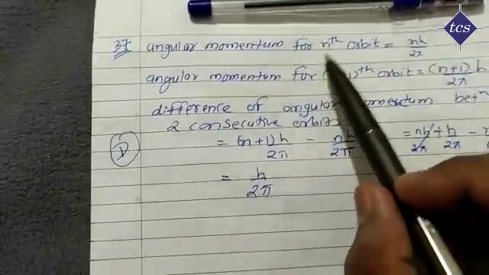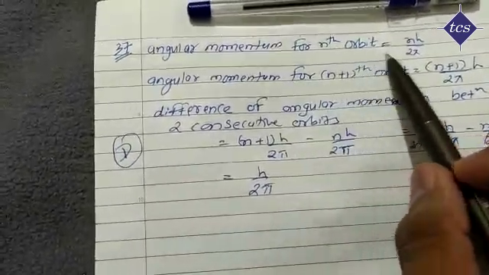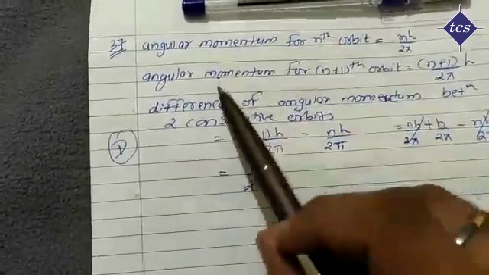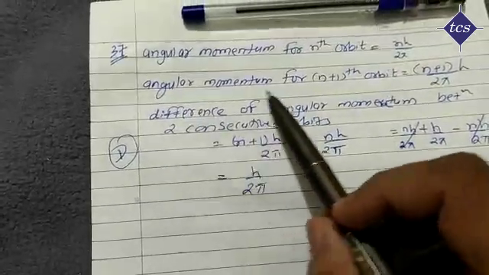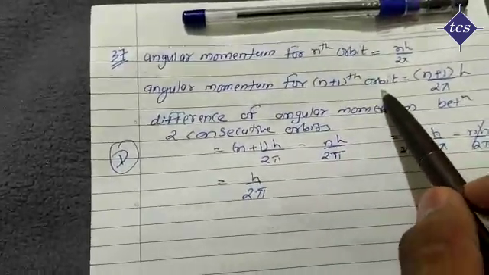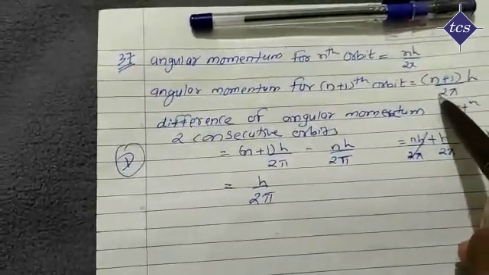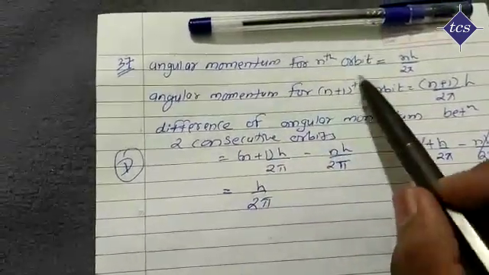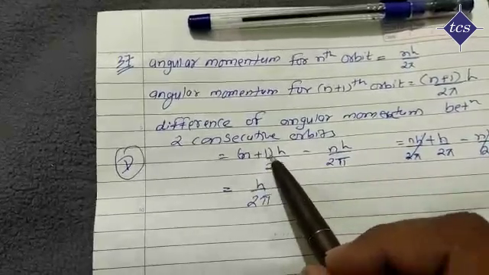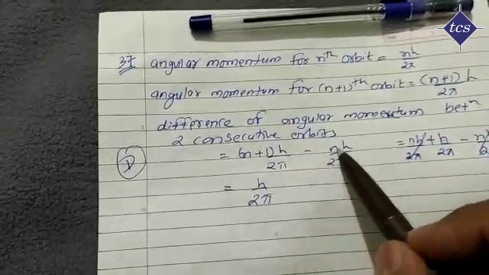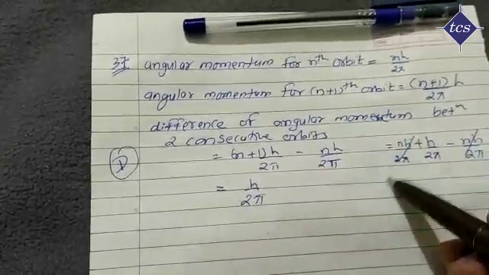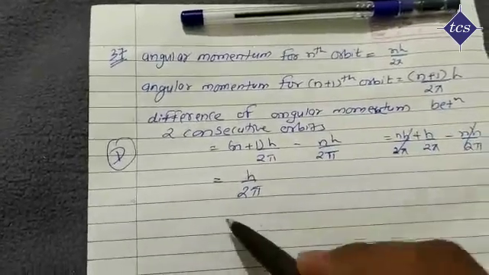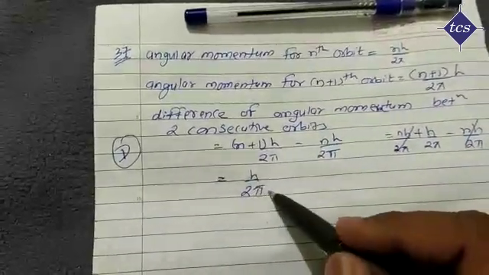So I consider for the nth orbit the angular momentum is nh upon 2 pi, and for one higher orbit, that is the n plus 1th orbit, angular momentum equals n plus 1 into h upon 2 pi. So the difference between angular momenta of the two consecutive orbits will be n plus 1 into h upon 2 pi minus nh upon 2 pi. nh upon 2 pi and nh upon 2 pi will cancel, and the answer will be h upon 2 pi.